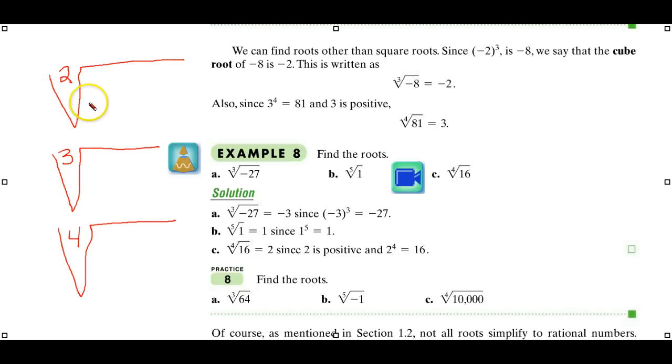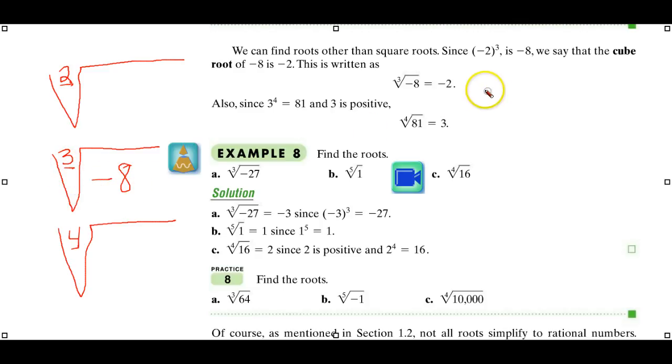So for instance, if we had here, they're saying a -8. Well, now notice it's an odd number for our index number, so having a negative there is okay. It's just if the index number is even, we can't have a negative underneath there. Those are not real numbers. But for odd index numbers, you can have a negative.